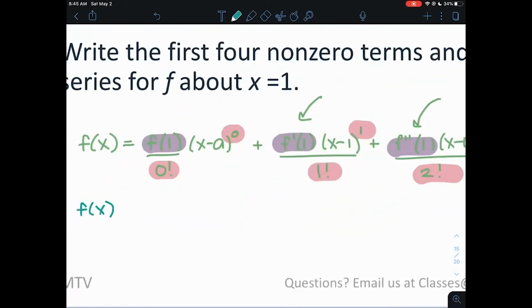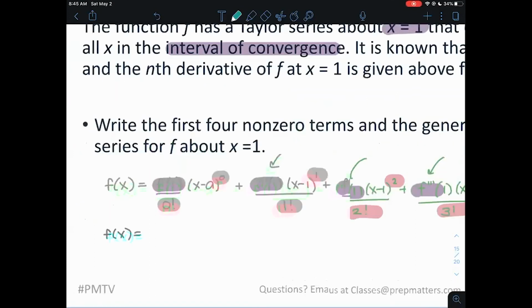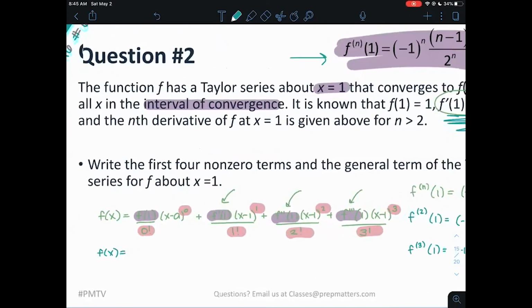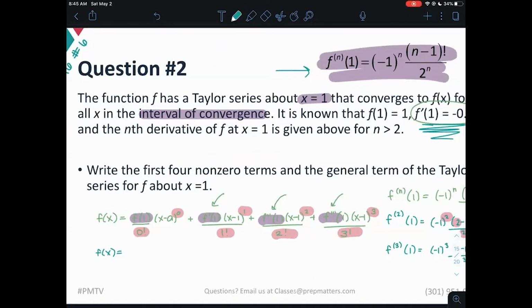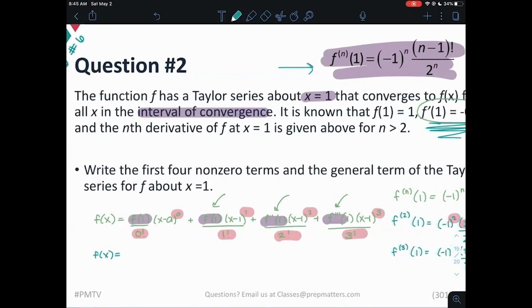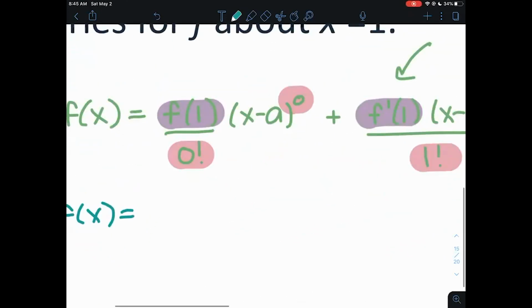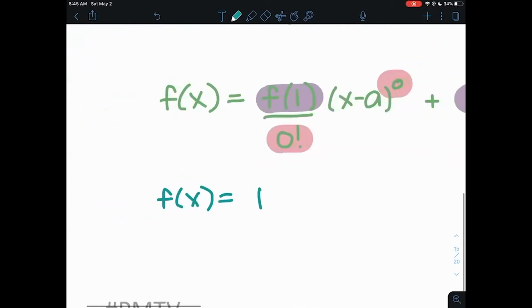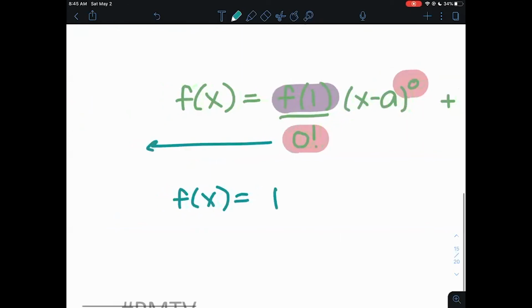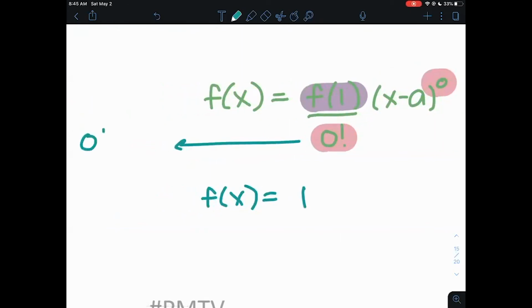And now we're going to take that and substitute in all of our numbers. So f of x equals f of 1. This is going to be hard because I'm going to need to zoom in a lot, sorry. F of 1 is equal to 1. We have x minus a to the 0 power, which is not anything, and then 0 factorial. Just a quick note, and this happened in the evaluation of a derivative as well: 0 factorial equals 1. It is not 0.